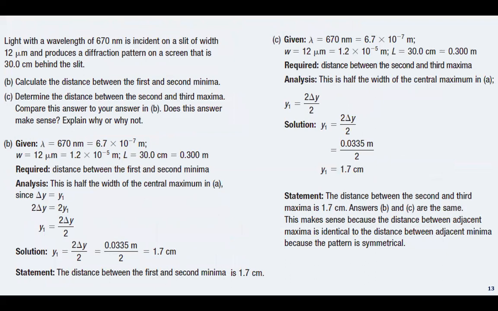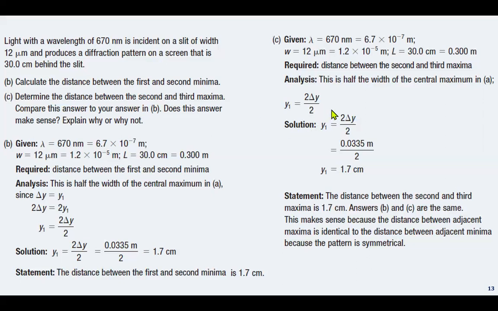Okay, in question B, we want to find half the width of the central maximum in question A, right? Which is actually y1.